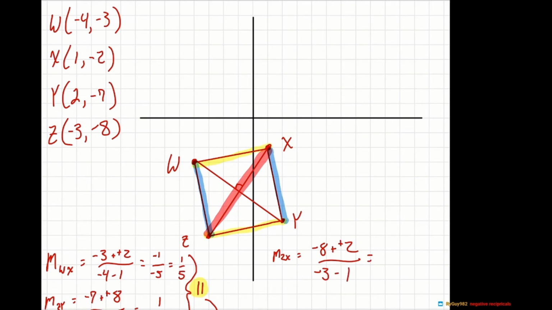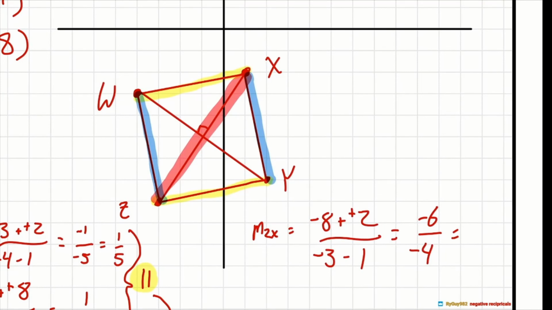Switch it to addition, I get negative 6 over negative 4. The double negative definitely makes sense because this is a positive slope, and it does look like it's positive 3 over 2. Let's double check that. 1, 2, up 3 over 2. Looks good. Up 3 over 2. So yes, it is in fact up 3 over 2.